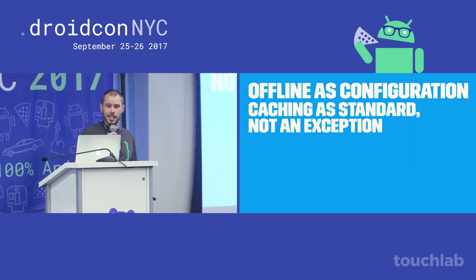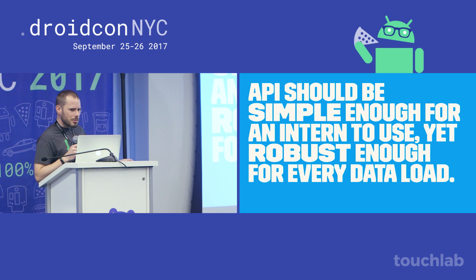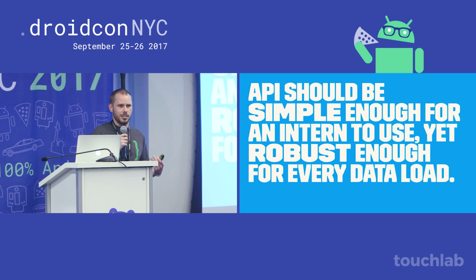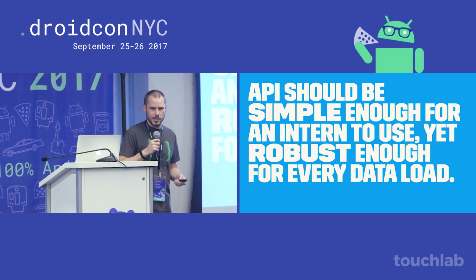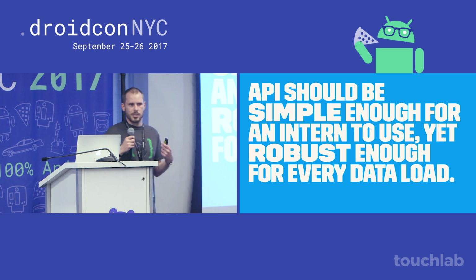Offline as a configuration, caching as a standard, not an exception. We want to build this so it should work offline and be cached correctly. The API should be simple enough for an intern to use, yet robust enough to really fulfill our needs. Our team gets bigger every summer by about 50%. We get about 3 interns, and so we have to explain some of the constructs to them, and we wanted something really easy that an intern can get.